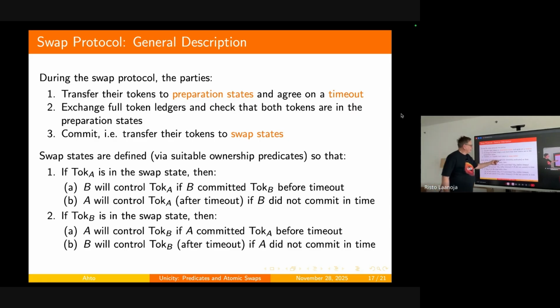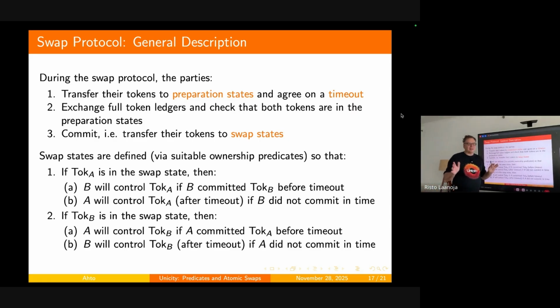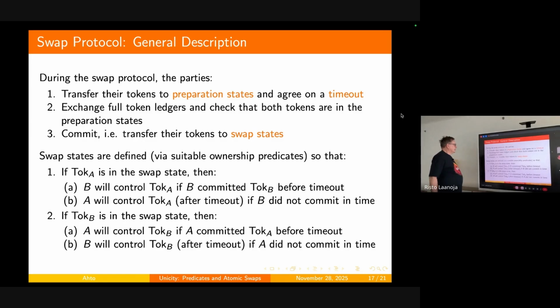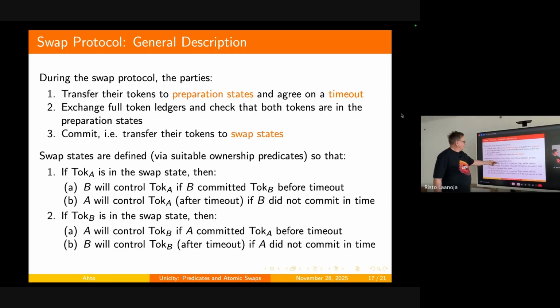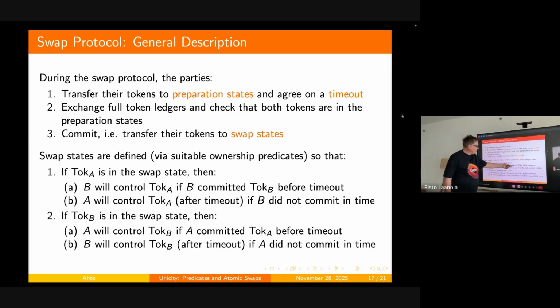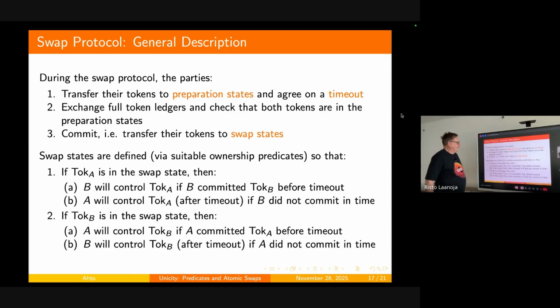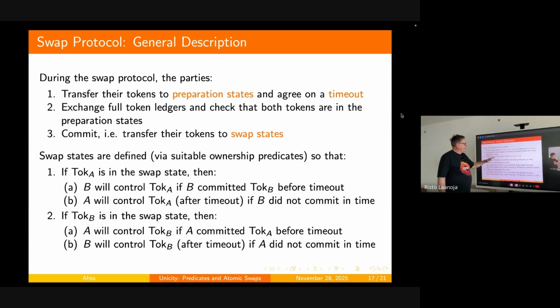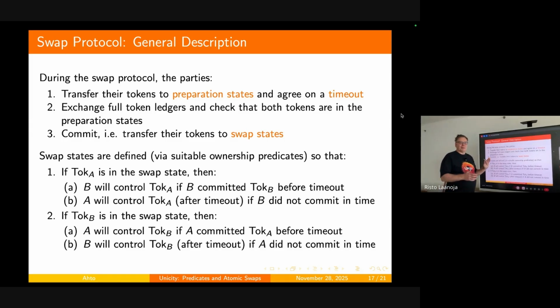Okay, and what are those swap states? They can be defined with suitable predicates that we will describe later. And these predicates are defined in a way that if, say, token A is in the swap state, then one of those two cases happens. B will control token A if B committed token B before the timeout. So if token A is in a proper commitment state, then B will control it if he committed properly.